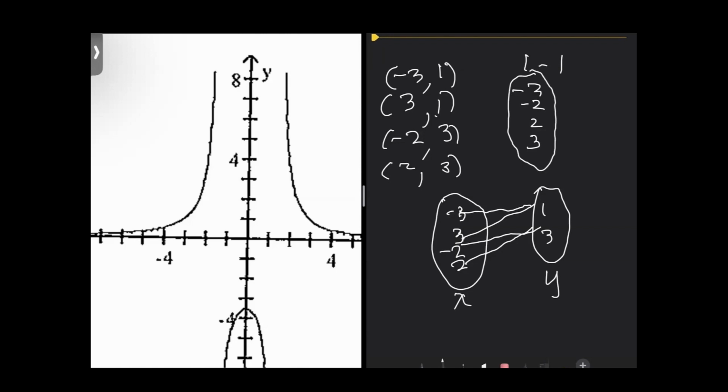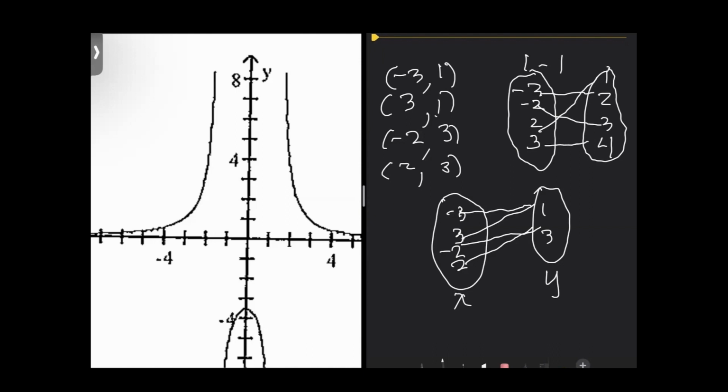And let's say you had 1, 2, 3, 4, and visually, let's say one goes there, another goes there, another goes there, another goes here.